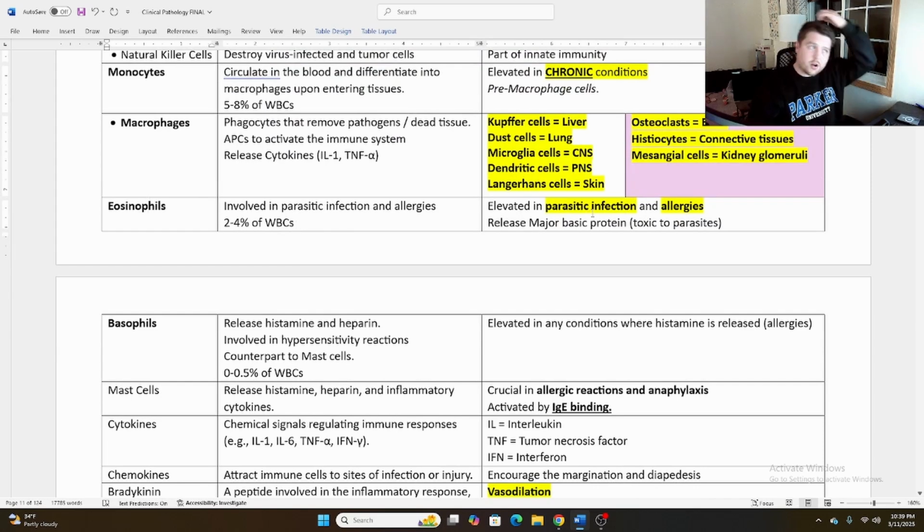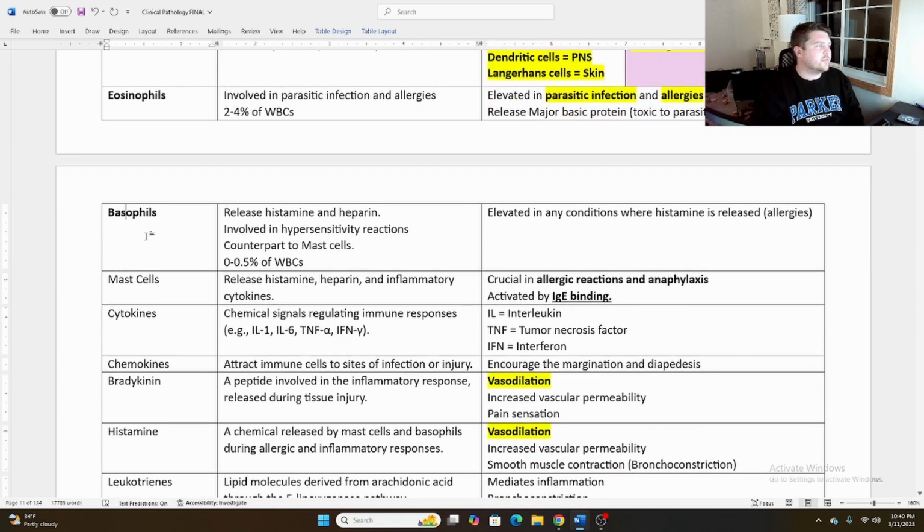Eosinophils, these are for our parasitic infection as well as allergies. That's the main test you're going to get. So anytime that you see eosinophils are raised, we are either considering a parasite or there was some type of allergic reaction happening. Basophils are kind of the last type of white blood cell. We don't ever really talk about them.